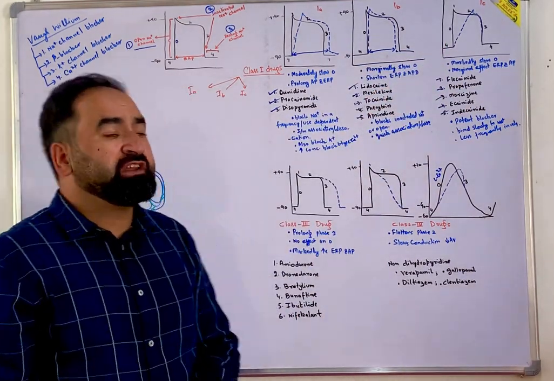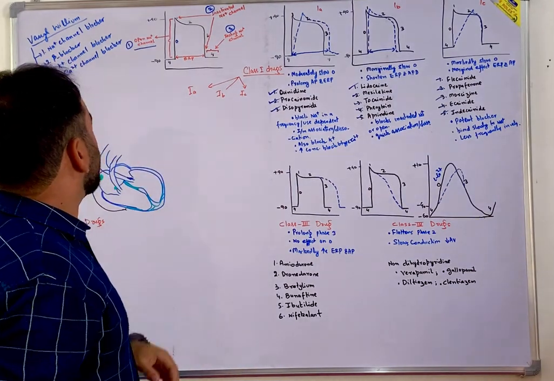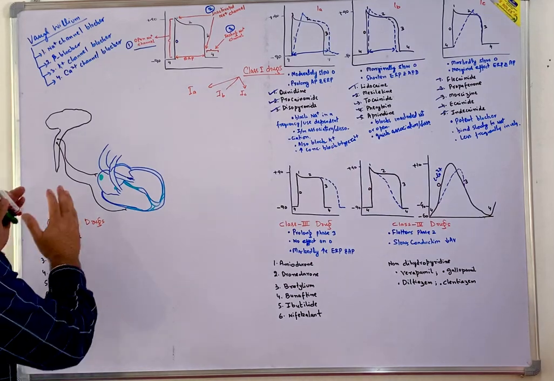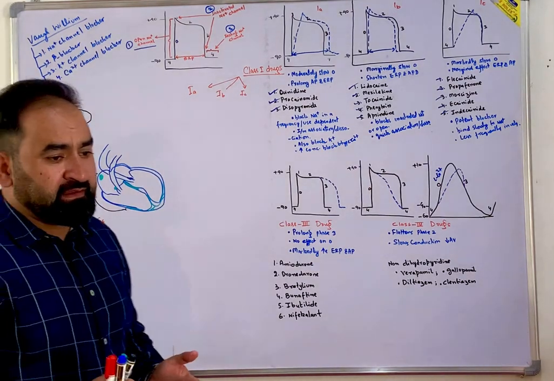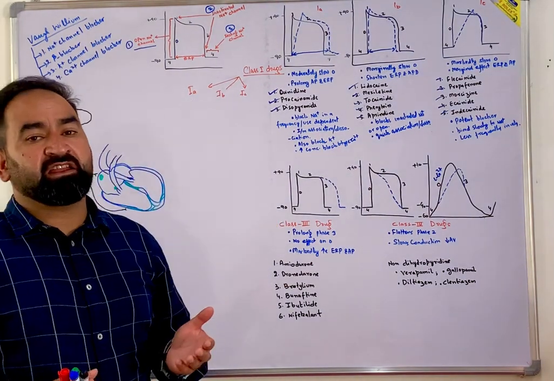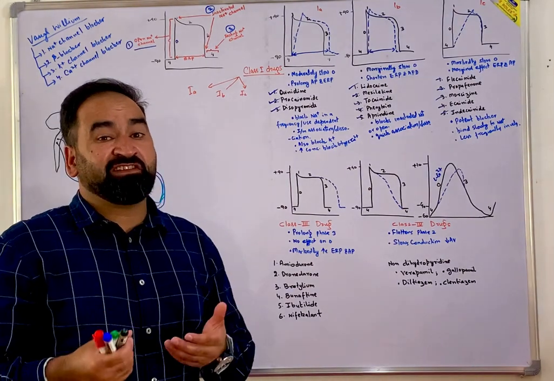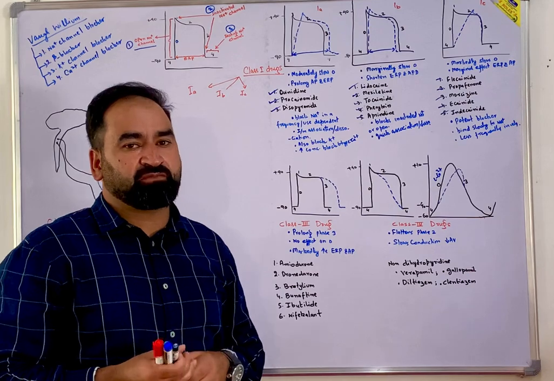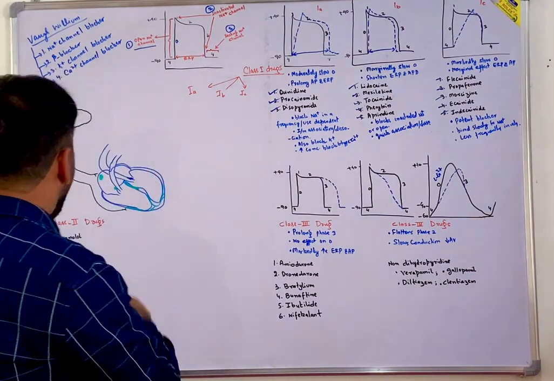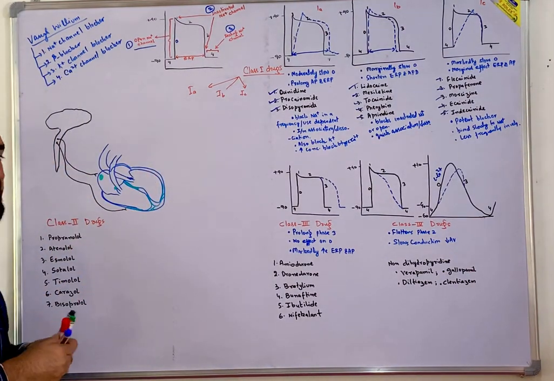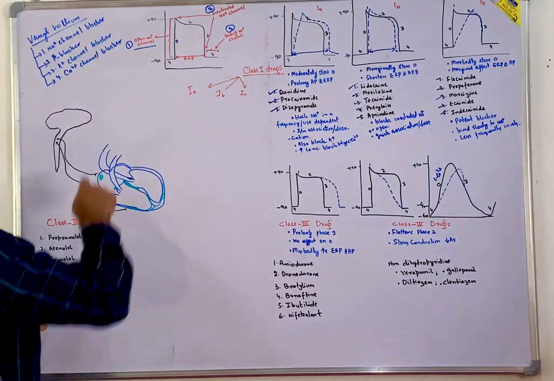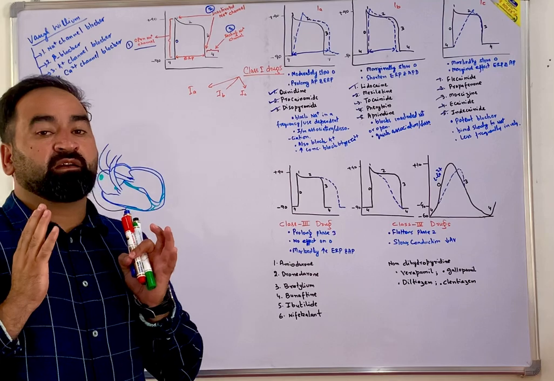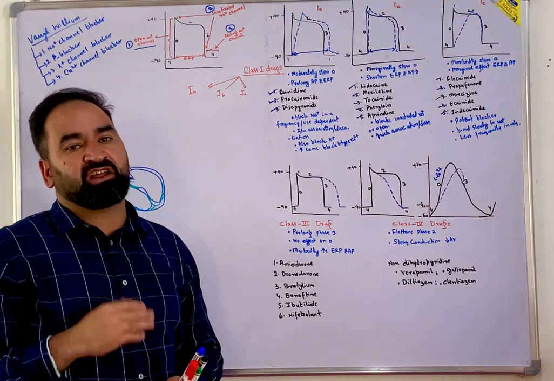Now coming to the class 2 drugs. Class 2 drugs are related to the sympathetic nervous system, which increases the heart rate and the contraction of the heart. The class 2 drugs are beta blockers. That means they cut down the sympathetic action on the heart.